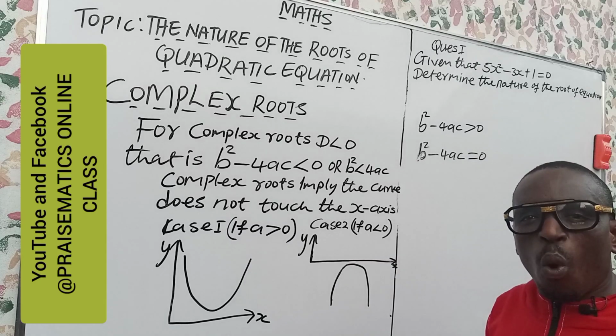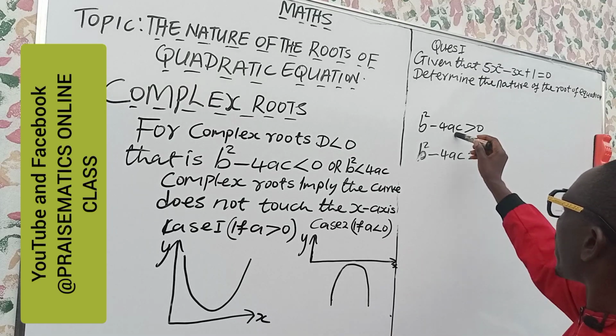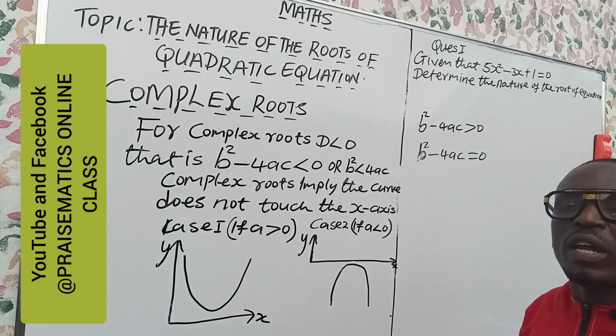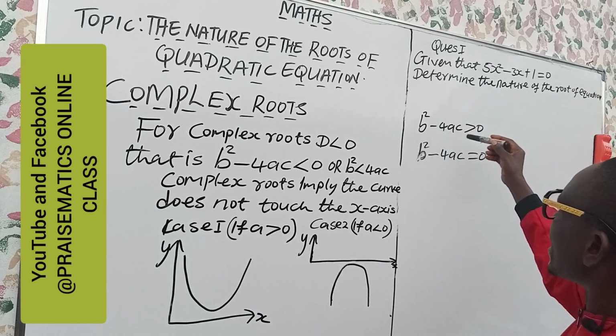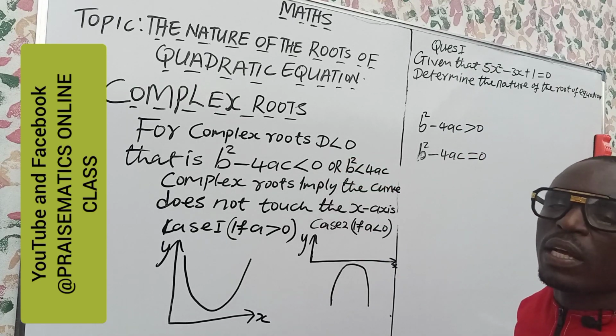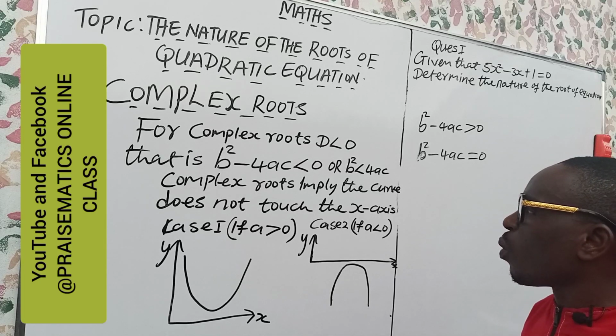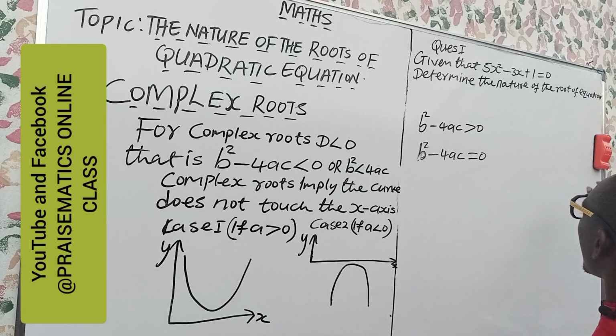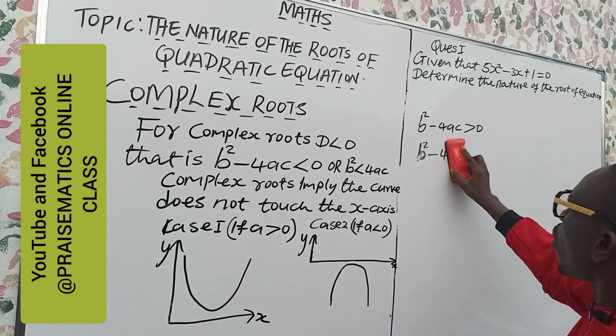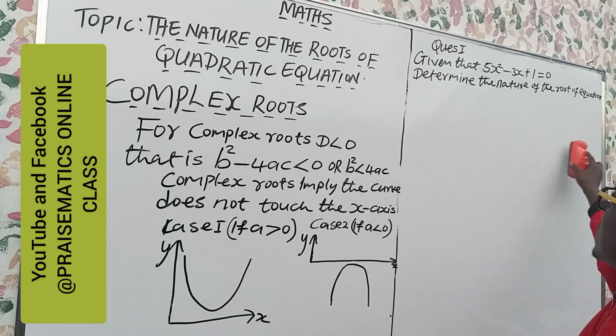So we call it equal root. The one that is greater than 0, we call distinct or different root, while the one that is less than 0 is called complex root. That is all about the nature of the roots of a given quadratic equation.